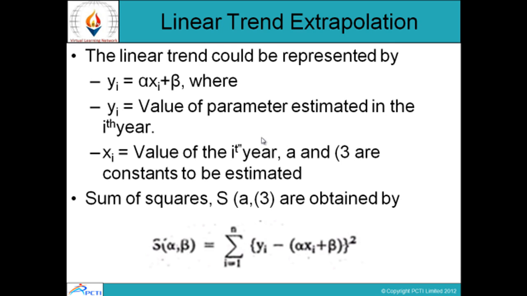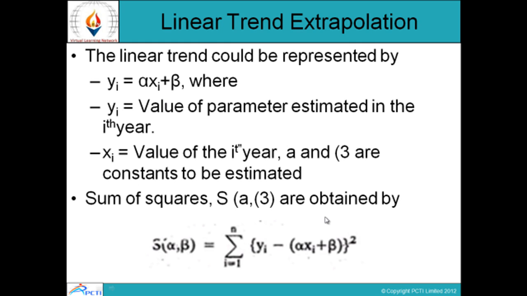The linear trend can be represented by yi = alpha xi + beta, where yi is the value of the parameter, for which year or for how many years, xi is the value of the ith year, and alpha and beta are constants to estimate.